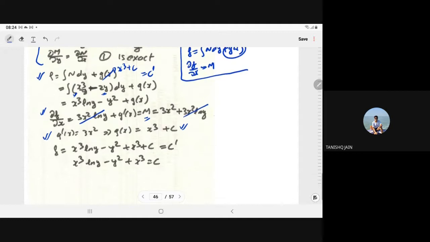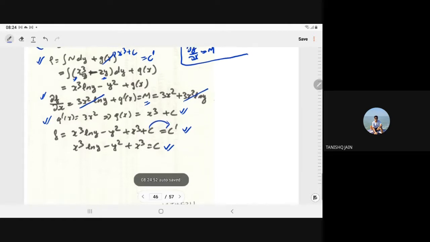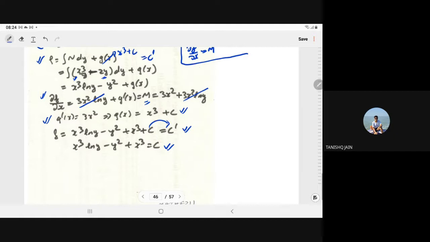So f is equal to x cube ln y minus y square plus g(x), that is x cube plus c, and f is equal to c dash. You bring it to this side and give another name, that is c. So x cube ln y minus y square plus x cube is equal to c.